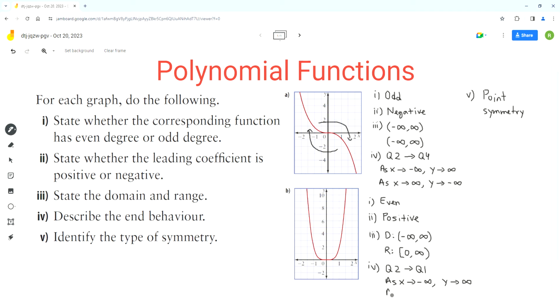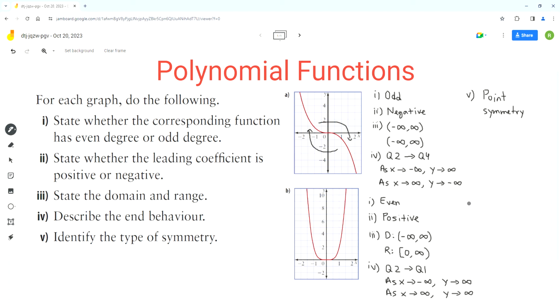Now on the extreme right, as x approaches positive infinity, as we go along the curve to the right side, the graph keeps going up. That means y also approaches positive infinity. So in this case, the graph is heading upward at both ends of the x-axis.